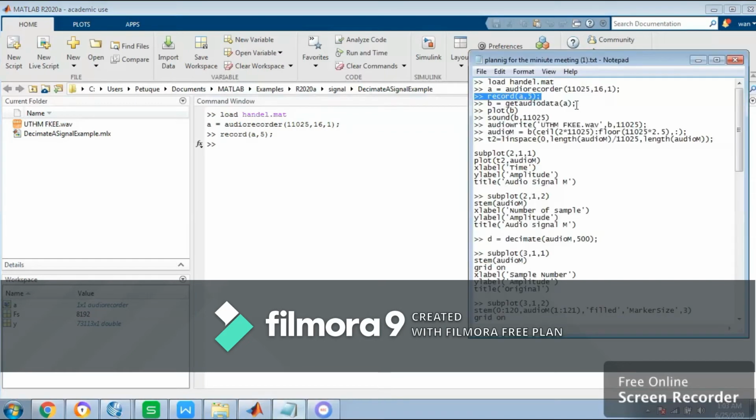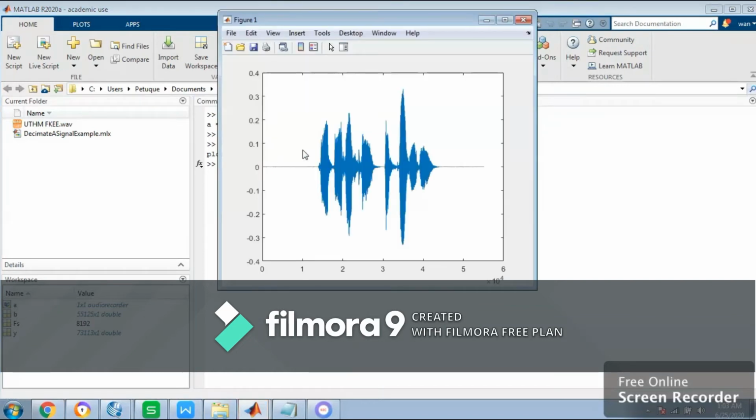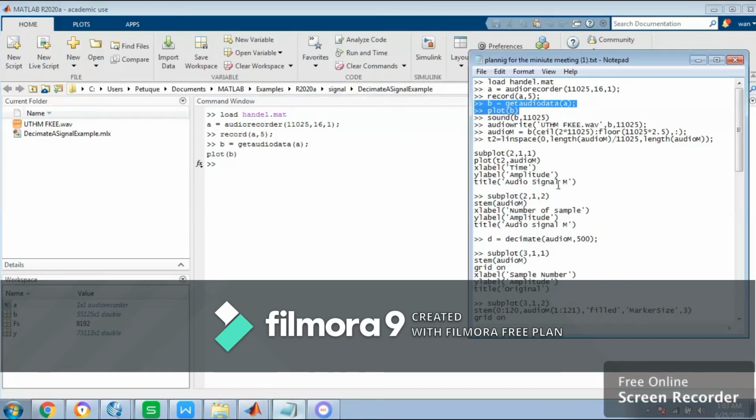So this is the plotted audio data. Then next we are going to play the recorded audio in MATLAB. UTHM FKEE.